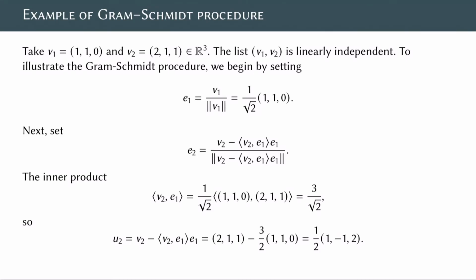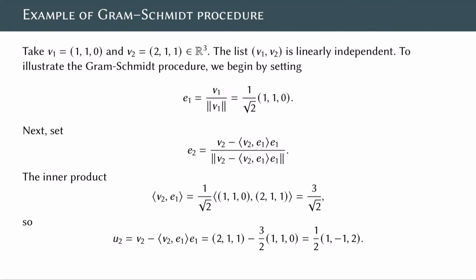Let's start with two vectors, V1 which is (1, 1, 0) and V2 which is (2, 2, 1) in R3. You can check that the list V1, V2 is actually linearly independent. Now we are going to first make V1 and V2 orthogonal unit vectors, and we are going to produce a basis starting with V1, V2.